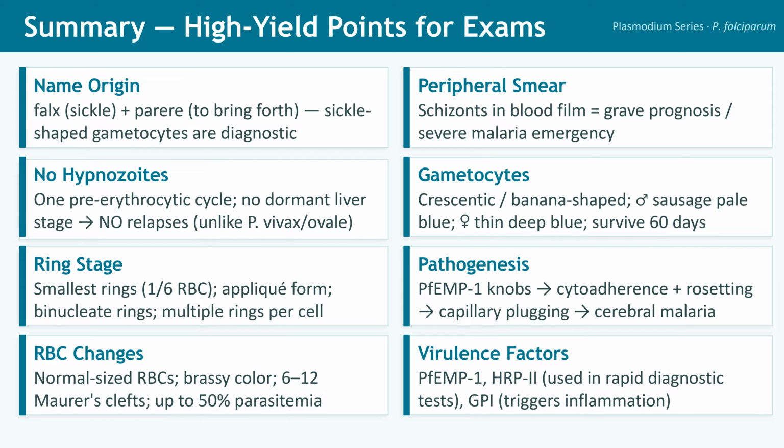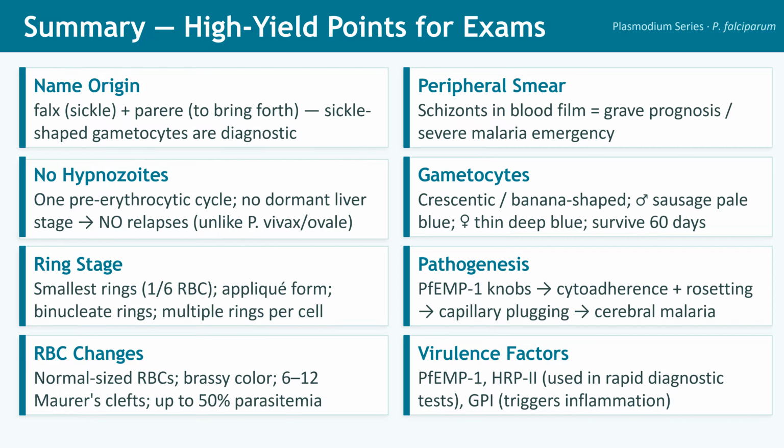The presence of schizonts in the peripheral blood smear indicates a grave prognosis and a severe malaria emergency. The gametocytes of Plasmodium falciparum have a characteristic crescentic or banana shape, where the microgametocyte and macrogametocyte have different colors under staining.